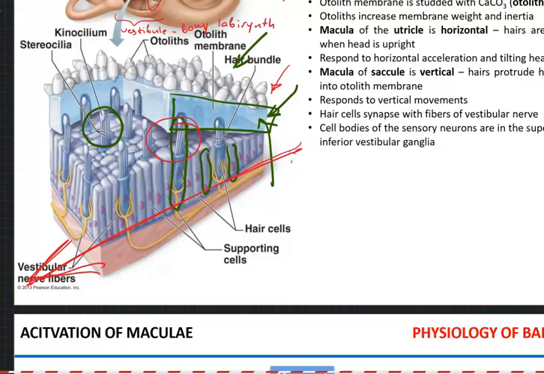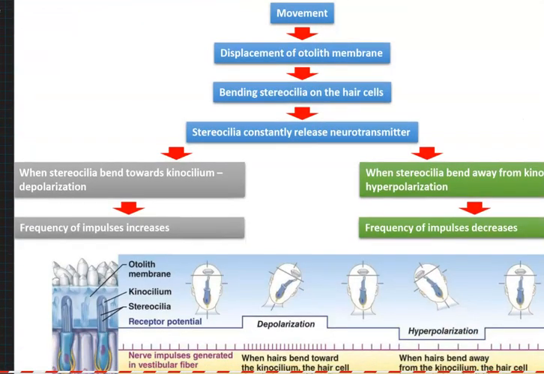Because of the inertia of otolith membrane, when your head is moving, otolith membrane kind of stays behind and bends the stereocilia, which means, just like with hearing, stereocilia are bent. They allow potassium to get in, depolarize the hair cell, and release a neurotransmitter.